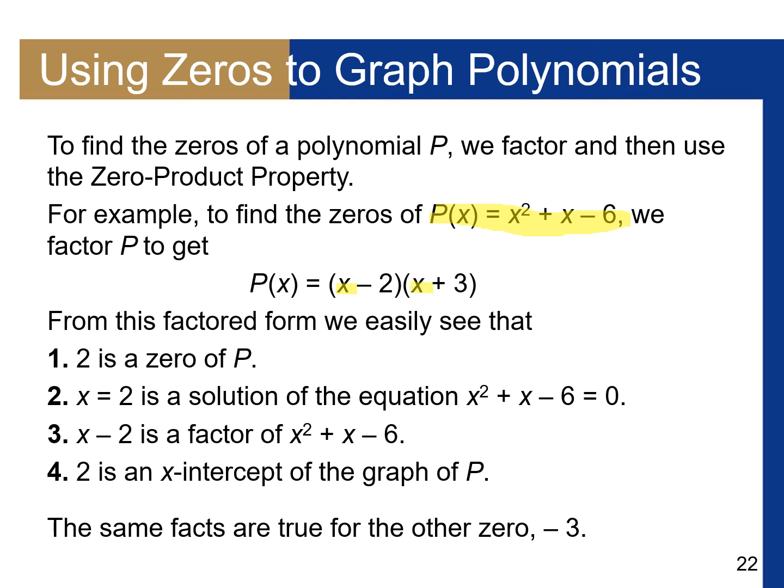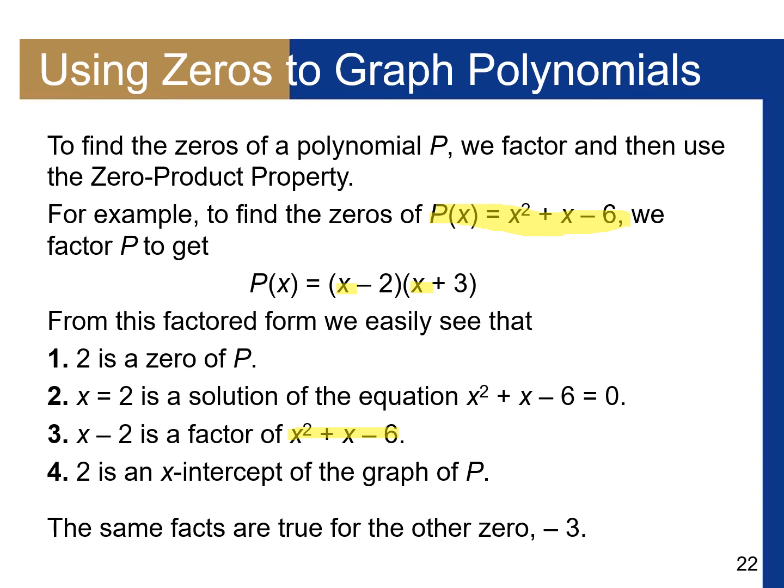If I plug negative 3 in here, I will also get 0. So that tells me that 2 is a 0 of the polynomial, that x equals 2 is a solution of that equation, that x minus 2 is a factor of this polynomial, and that 2 is an x-intercept of the graph of p.